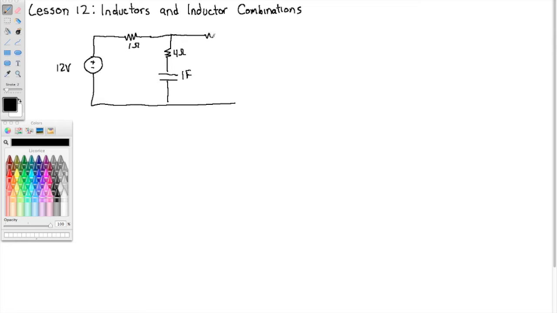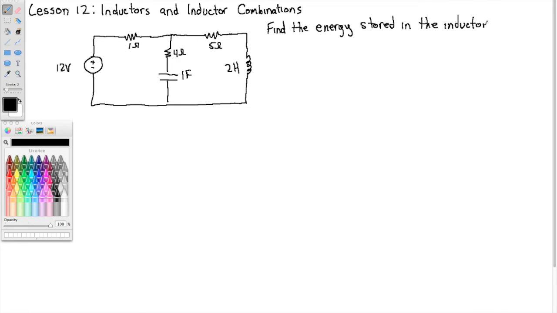It's a big capacitor. 5 ohms, and then a 2 Henry inductor. And we want to know, let's find the energy stored in the inductor. And we'll also do the capacitor for a good review. Find the energy stored in the inductor and the capacitor.